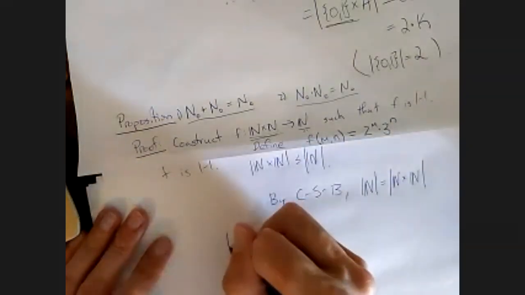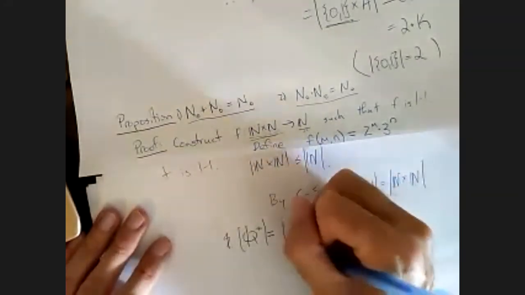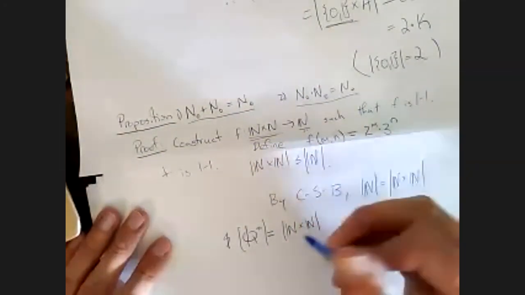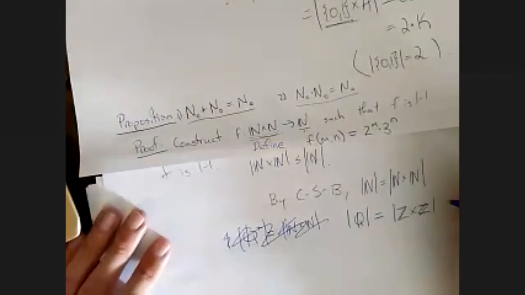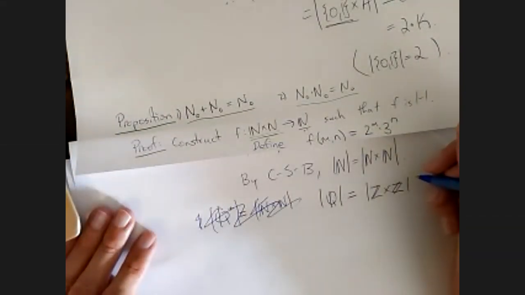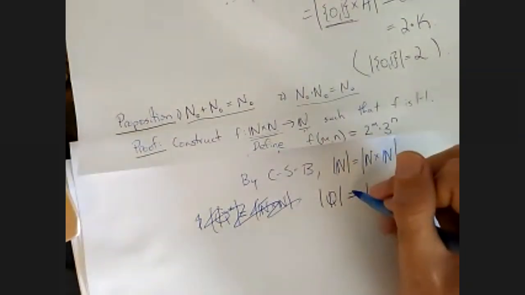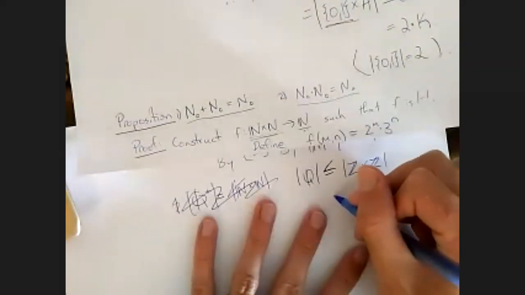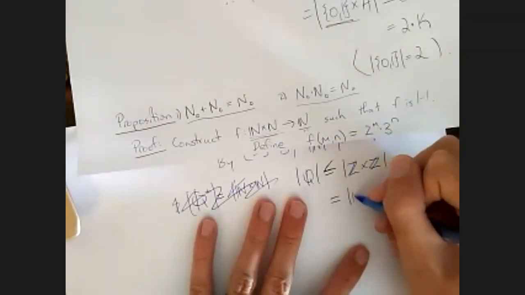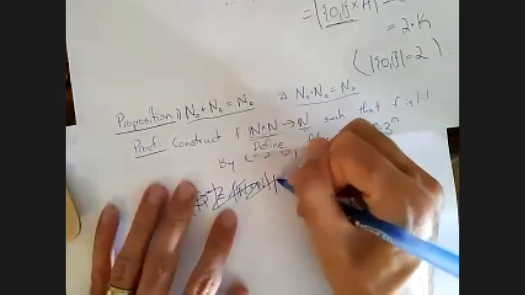Now, the set of all rational numbers has cardinality less than or equal to that of Z cross Z. But Z cross Z has the same cardinality as N cross N, since Z and N have the same cardinality, and that's the same cardinality as N. So we have this sequence of inequalities.